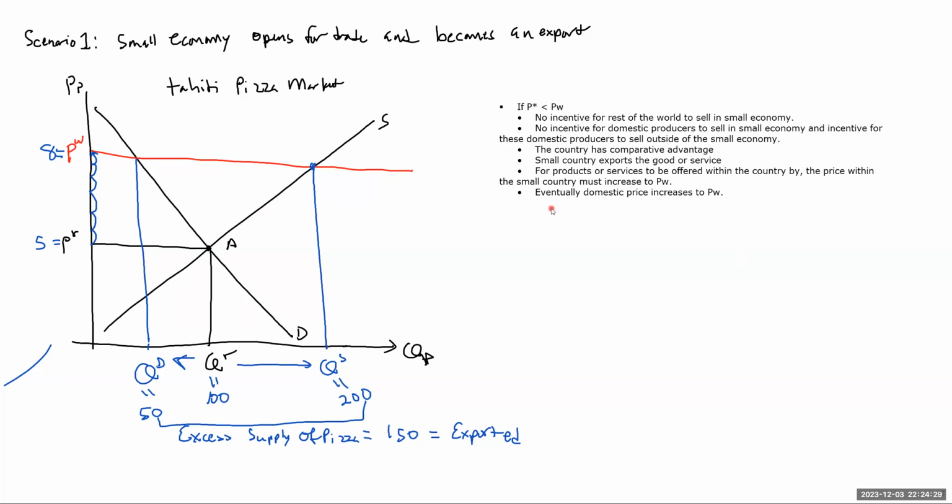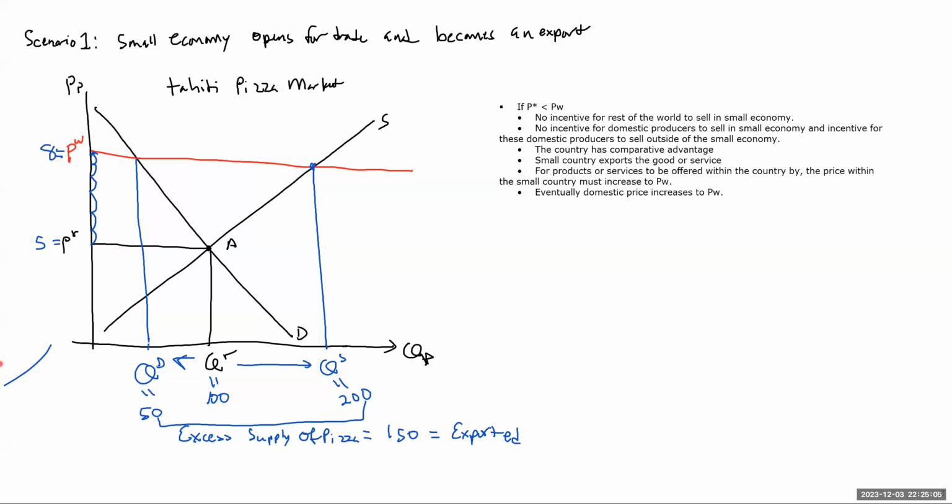Eventually, for pizza to be sold in Tahiti, its price of pizza domestically has to go up to the world price. Then we're going to have production all the way out here, consumption all the way down here. And the difference, the excess supply of pizza domestically, 200 minus 50 or 150 slices, are exported.